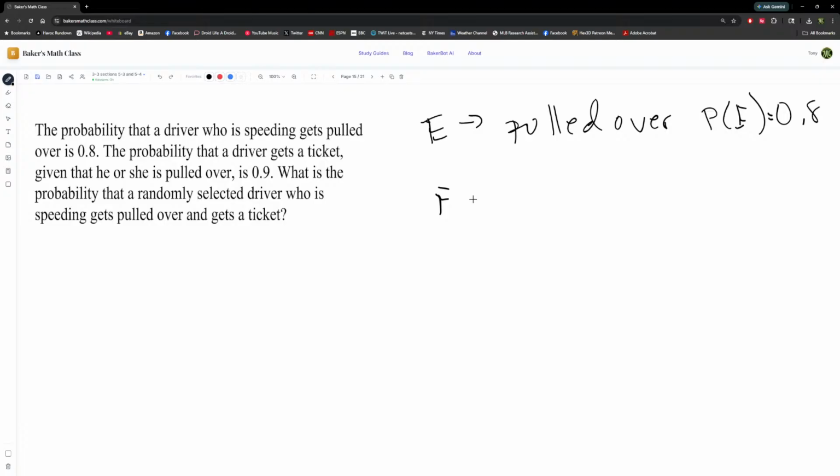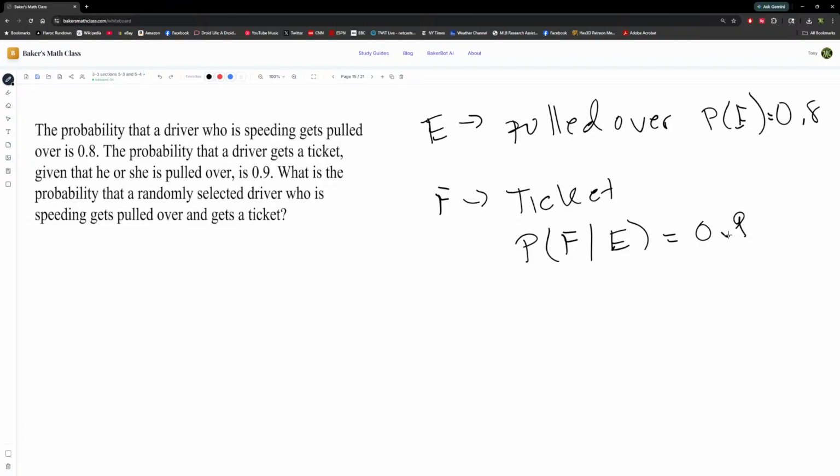Now, F is getting a ticket. And I know the probability of that, given that they have been pulled over, is 0.9. Okay. So these are related because obviously you can't get a ticket if you didn't get pulled over.